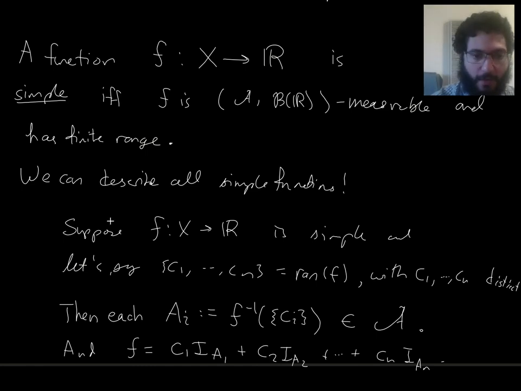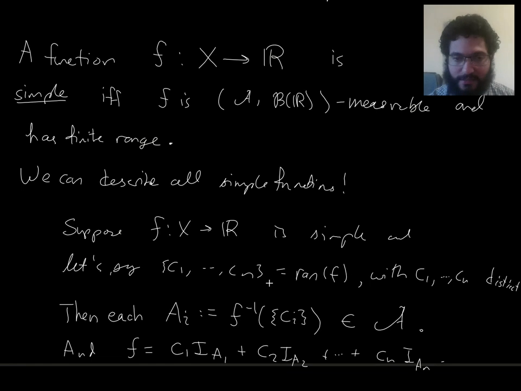Maybe a comment is needed about why this equality holds. So to verify that these two functions are equal, we should consider an arbitrary point in big X. If you take a point in big X, then it is going to be in exactly one of these sets A sub i. It's definitely in one of the A sub i's because f of it is going to be one of these numbers, right? And it cannot be in more than one of them because f of our given point cannot be more than one of these numbers.